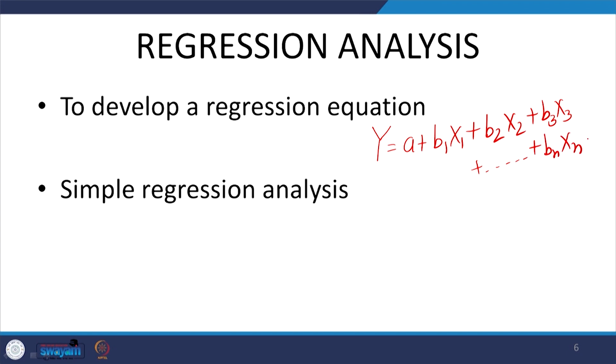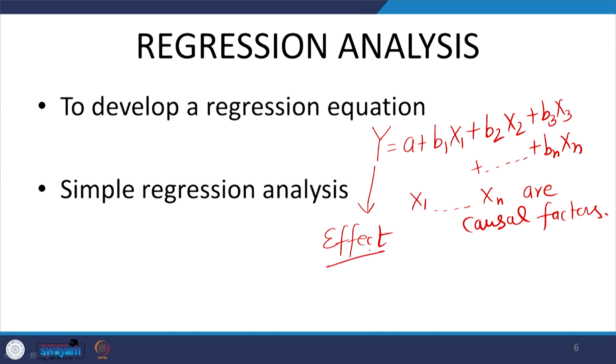Y equals a plus b1 x1 plus b2 x2 plus b3 x3 up to bn xn, where x1 to xn are causal factors and y is the effect.